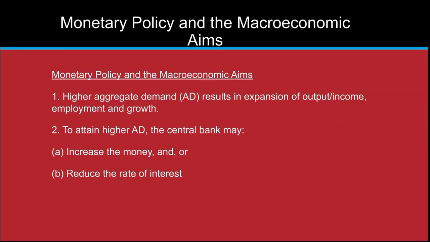In order to attain higher aggregate demand, monetary policy is mainly implemented by the central bank. The central bank of the country will directly increase the money supply in the economy, or they will also try to increase the money supply by reducing the rate of interest.